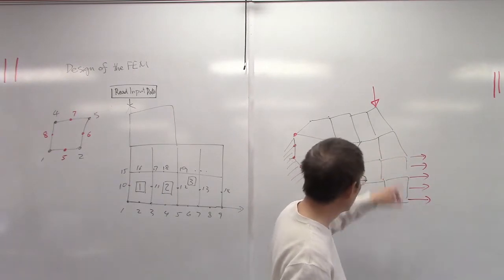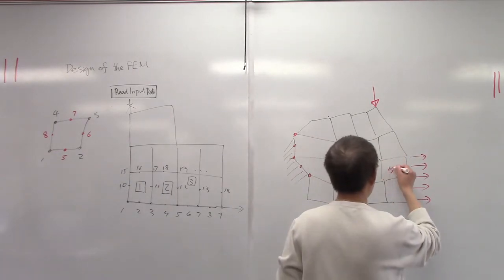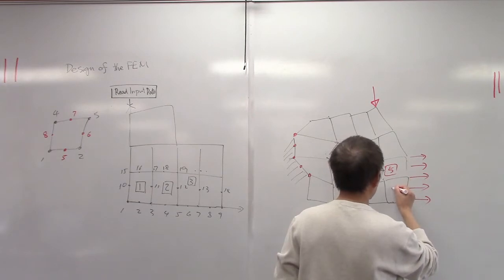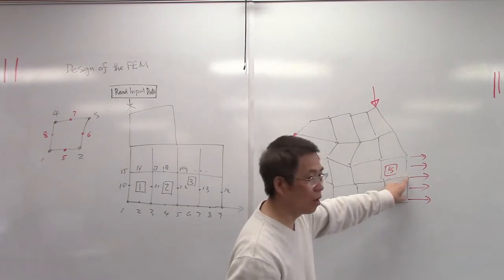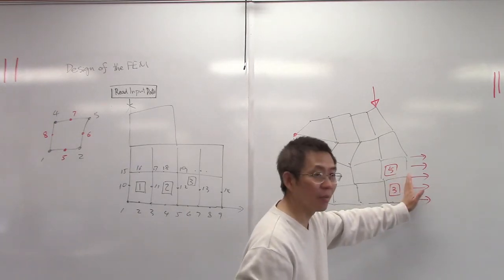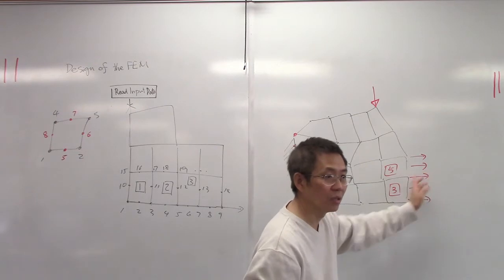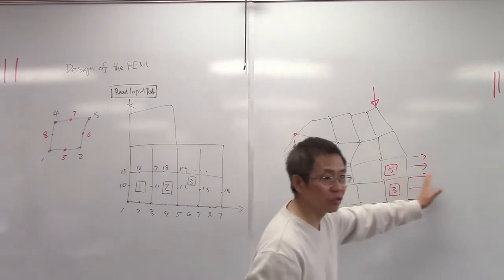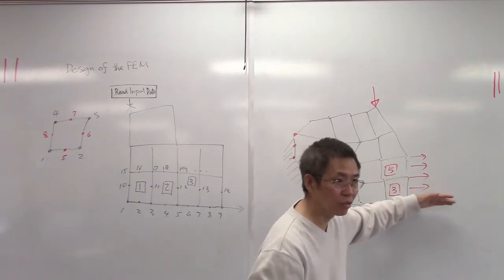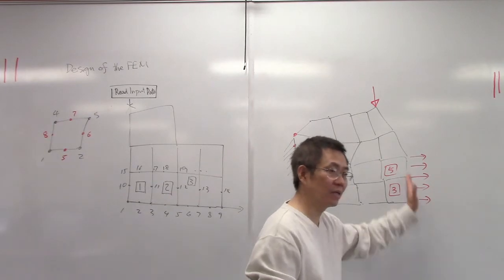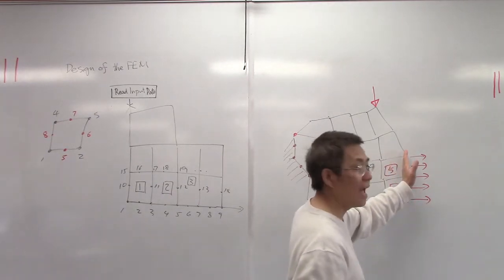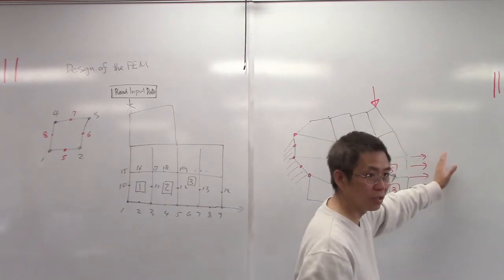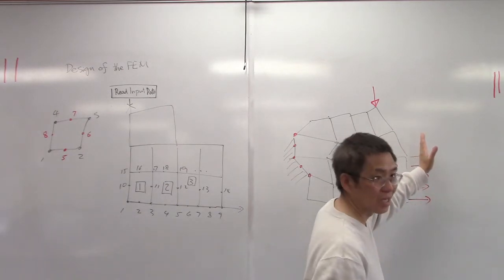You will say, let's say this is element 5, this is element 3. You will say, for element 3, on that edge, there is applied pressure, applied traction on that. And which direction? Is it normal direction or tangential direction? And for that element, on that edge, there will be normal traction and also how much in tangential direction.